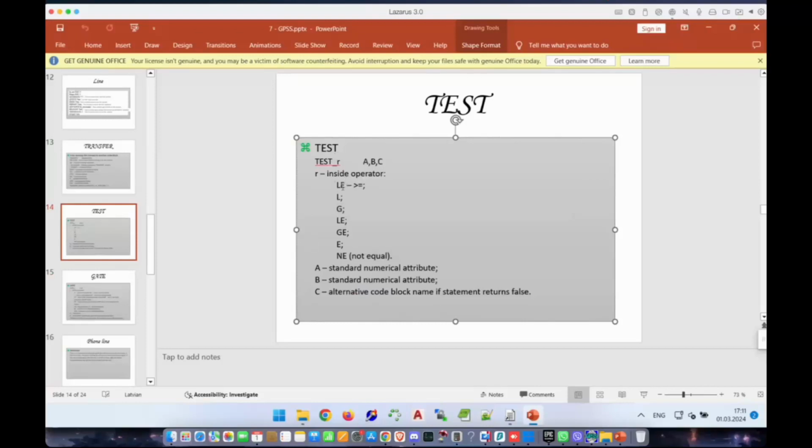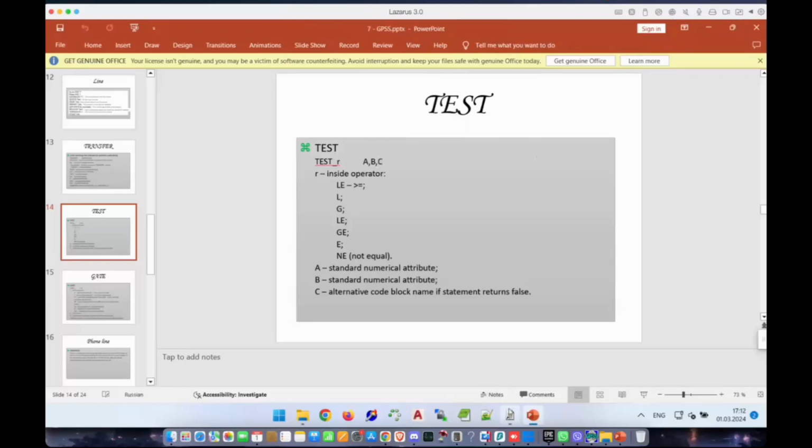Literally, if we have LE, that means A, or the value which stands in position A, is less or equal to B. And again, if only this comparison, or let's call it condition, is correct, then the transact goes to the next line. Otherwise, it is pulled to the line with the name which is written in parameter C. That's the idea of the operator TEST.